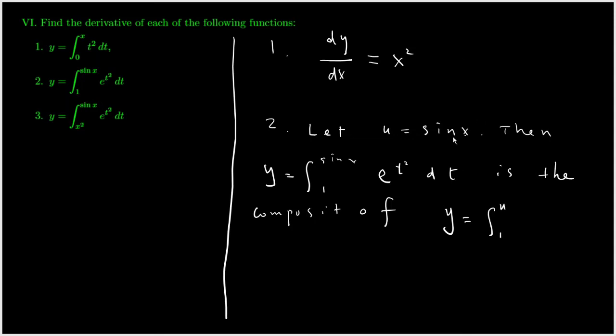You see, sine of x is u, right? Y as a function of u is the integral from 1 to u of the same integrand, e to the power of t squared dt. That's y as a function of u. And also u is a function of x. U as a function of x is sine of x.